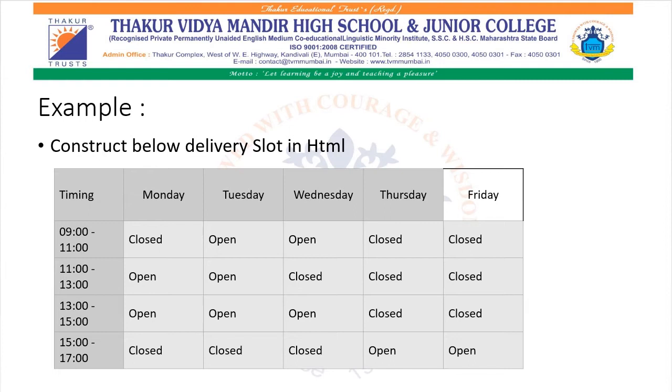The rows represent the time slots and the columns represent the days. The first column is Monday, second column is Tuesday, third column is Wednesday, fourth column is Thursday, and the last column is Friday. Now we have to construct this table in HTML using the above basic tags.